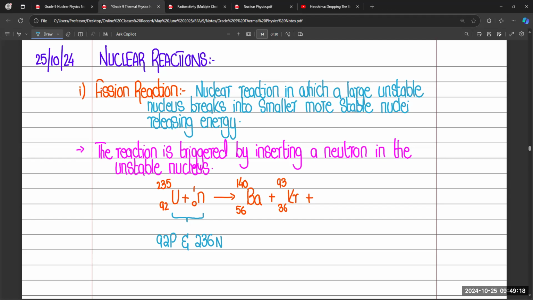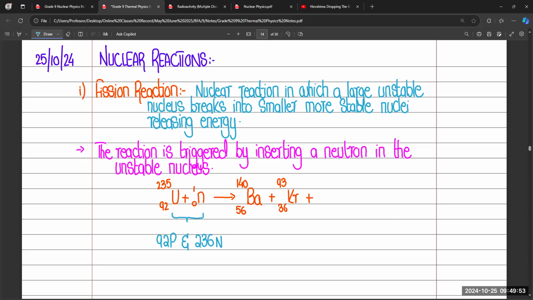Okay, basically you don't need to remember the names of the elements. Just consider that this reaction is normal, right? Whenever we add a neutron to uranium, it splits into barium and krypton. We don't need to memorize these elements, their names, atomic mass, or atomic number. You just need to check that your equation is balanced or not.